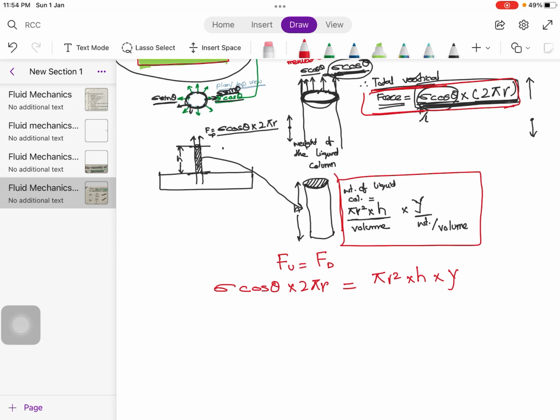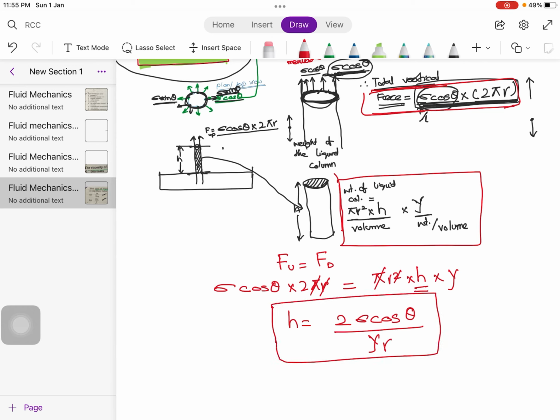So if we rearrange this equation, we get the rise of this liquid in the capillary tube, which is h equals 2 times the vertical component of surface tension, which is sigma cos theta, upon gamma times r.